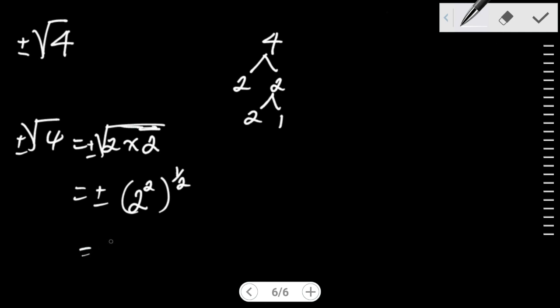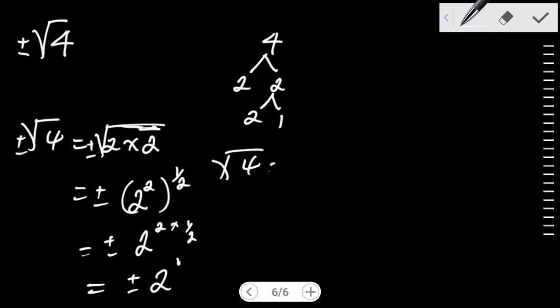Therefore, I'll have positive or minus 2 to the power 2 times 1 out of 2. And therefore, this would be equal to positive or minus 2 to the power 1. And therefore, the root of 4 would be equal to positive or minus 2. And therefore, this would be it.